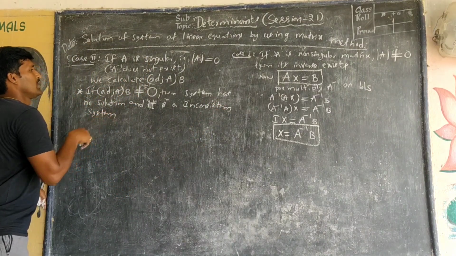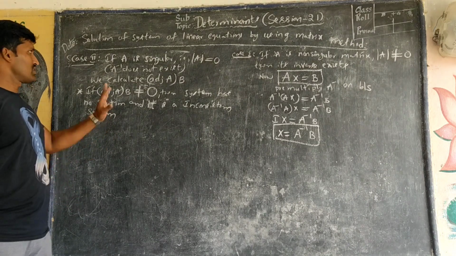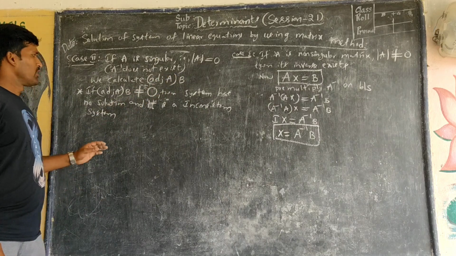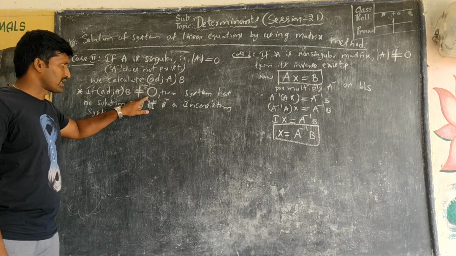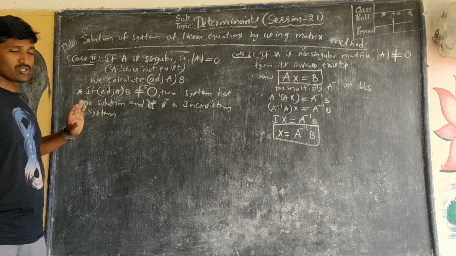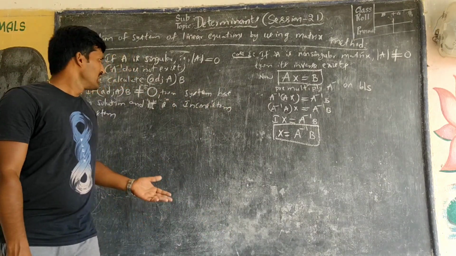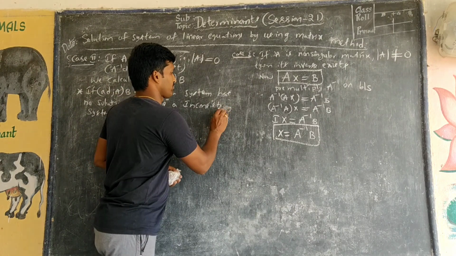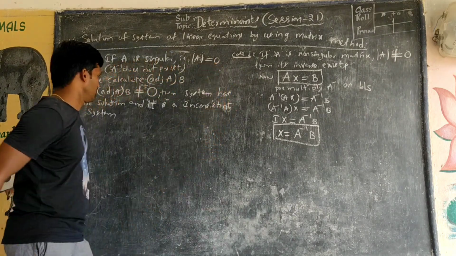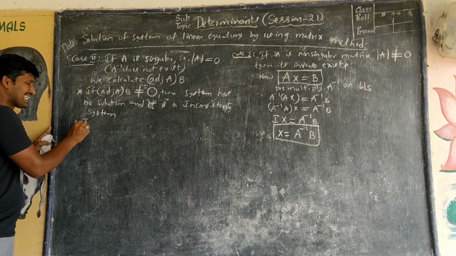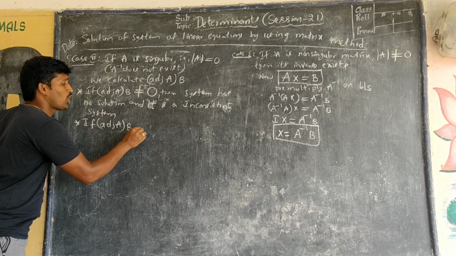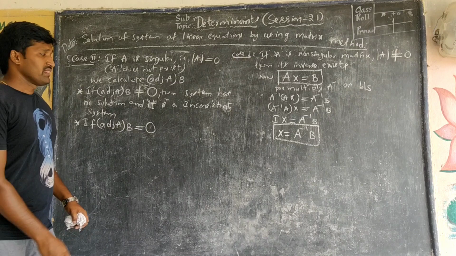Remember the statement: when the determinant of A is equal to 0, it is a singular matrix, and we need to check the adjoint A into B matrix. If adjoint A into B is not equal to the zero matrix, the system has no solution, meaning that the solution does not exist. That system we call an inconsistent system.